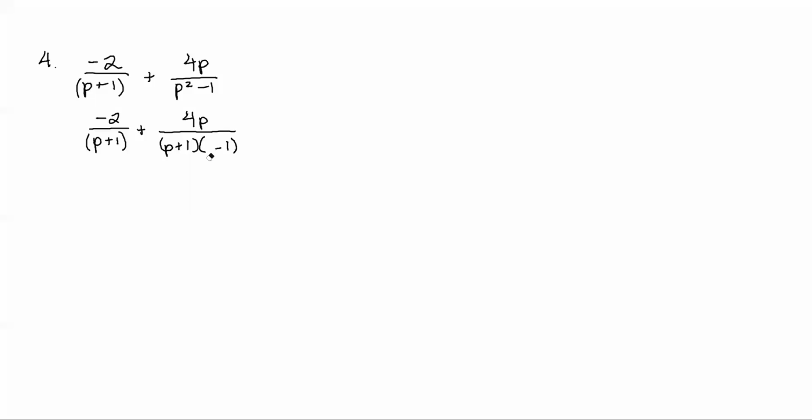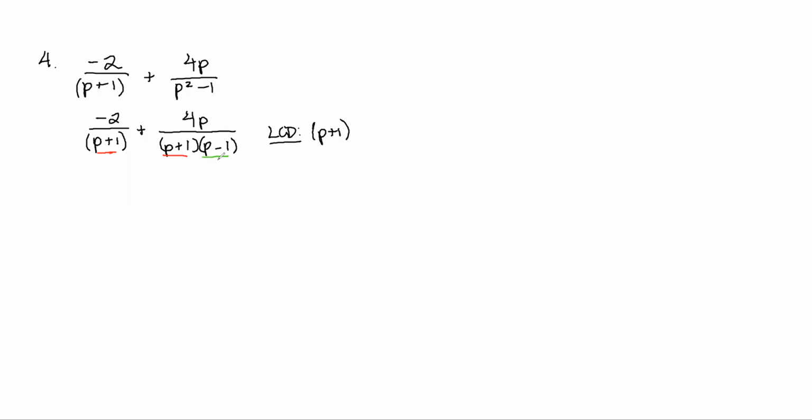And now our LCD. Let's look at the factors that we have on the bottom of these fractions. We have a p plus 1 in each, so we need one of those. And then we also have a p minus 1.